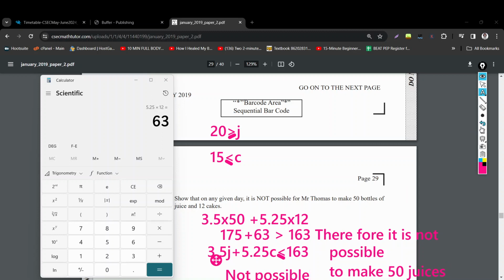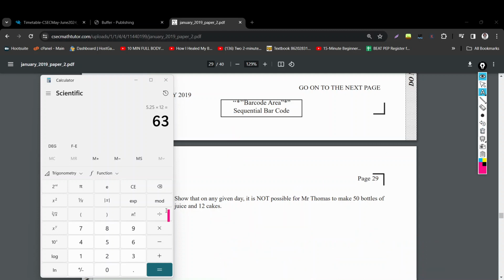And let's just clear the screen. So 175 plus 63, this is 238, right?